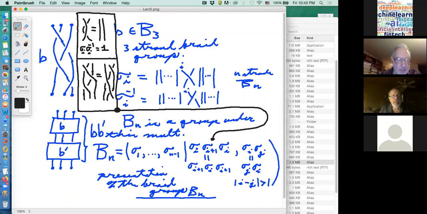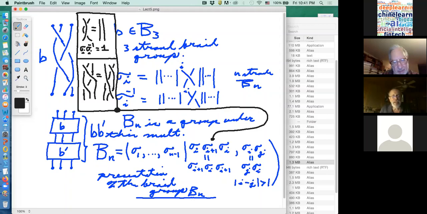So perhaps that makes it almost intuitive that the braid group is in fact described in this way by the algebraic analog of the Reidemeister 3 move, and another relation that has to do with strands being far apart.